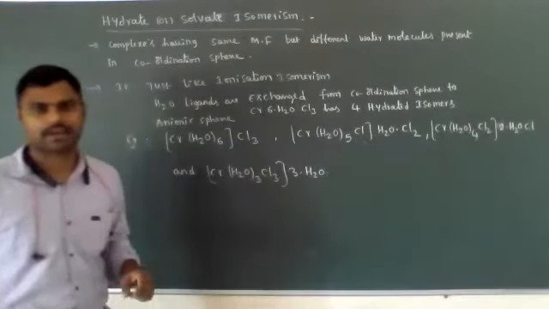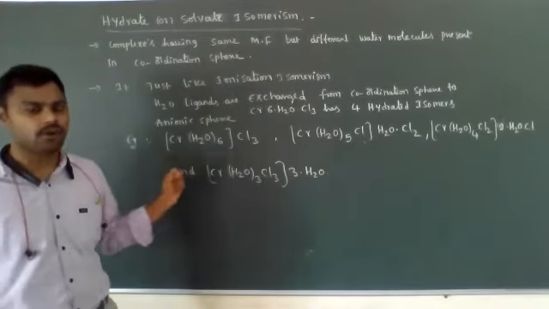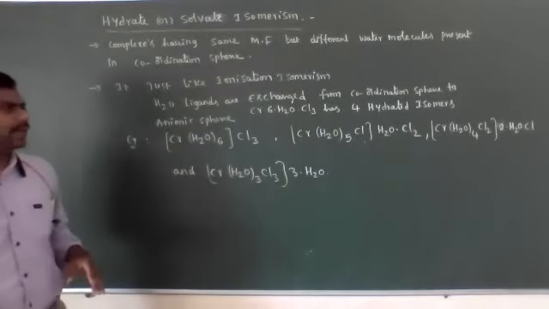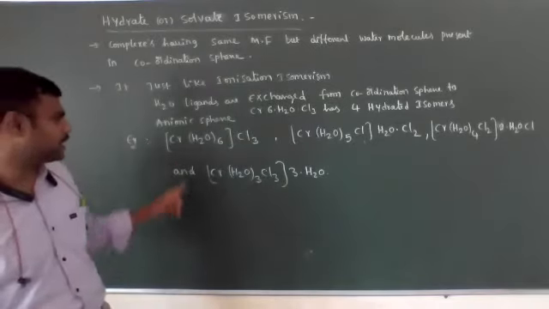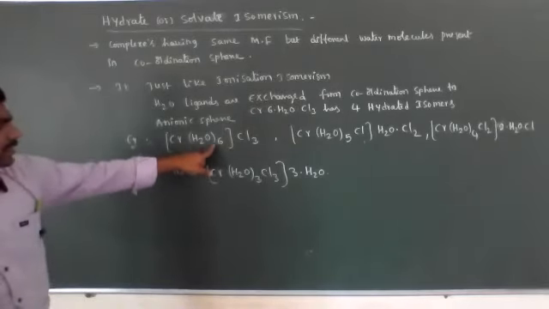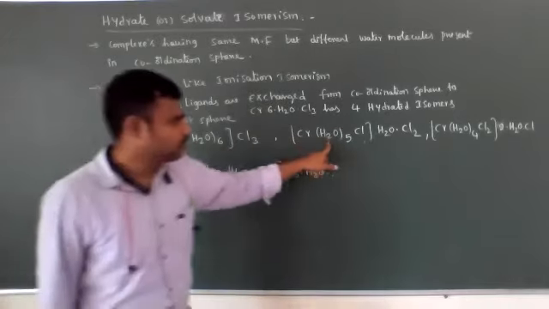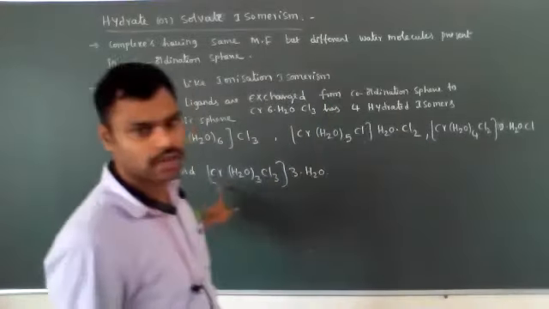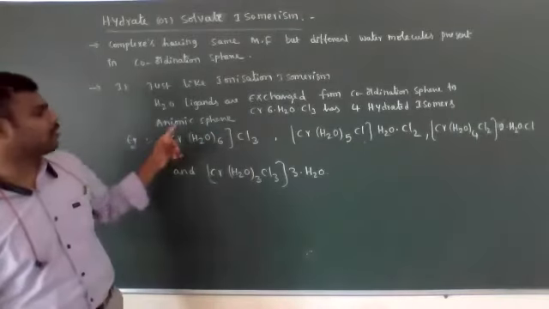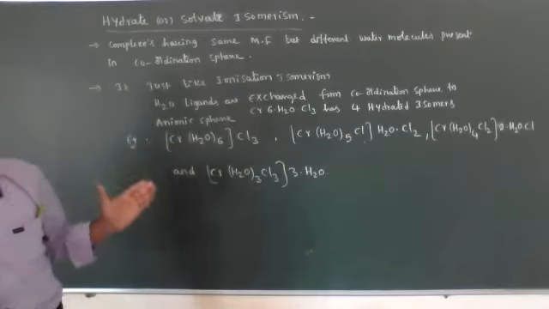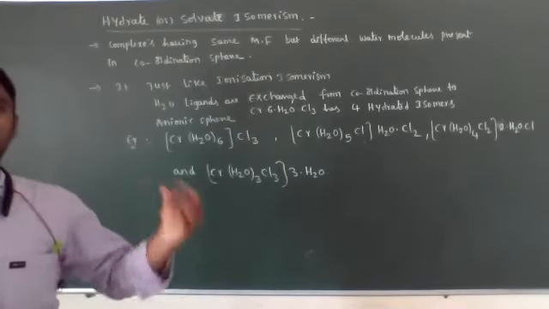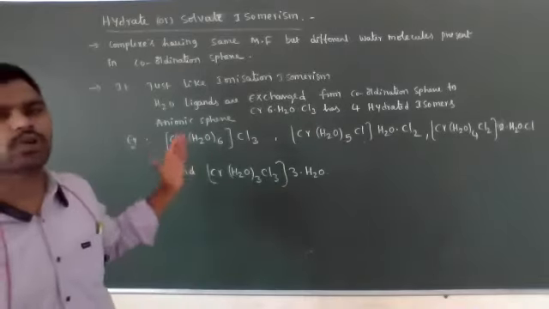The Cr(H2O)6Cl3 compound has 4 hydrated isomers. What are the different types of the 4 hydrated isomers? In the first complex the coordination number is 6, with 6 water molecules. In the second 5, in the third 4, and in the fourth 3 water molecules are present. So hydrated isomerism means complexes having the same molecular formula but a different number of aqueous ligands, or water molecules, present in the coordination sphere.